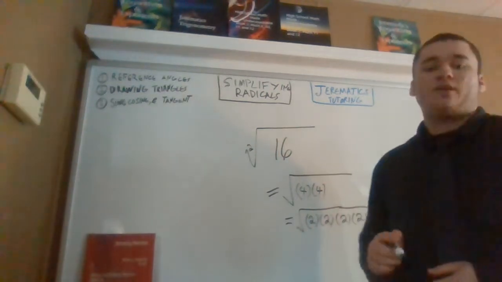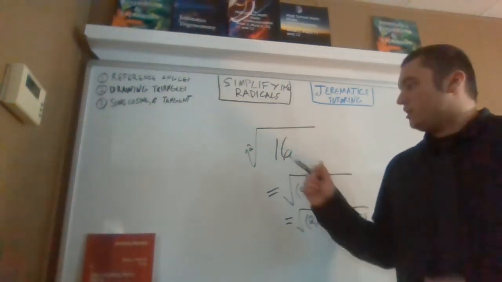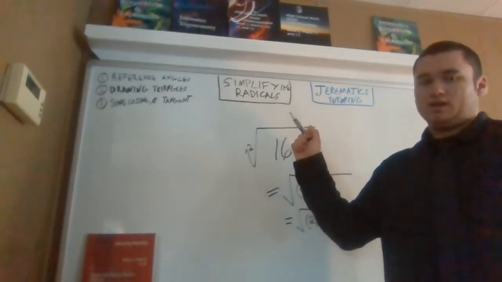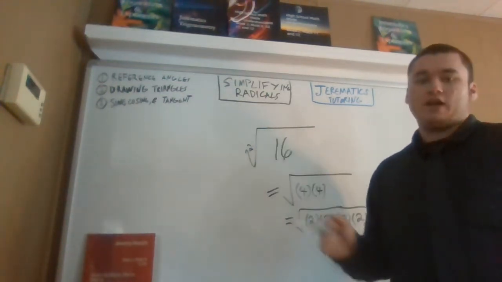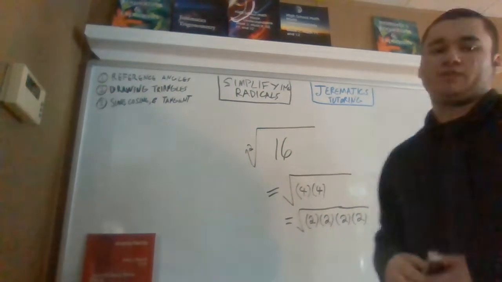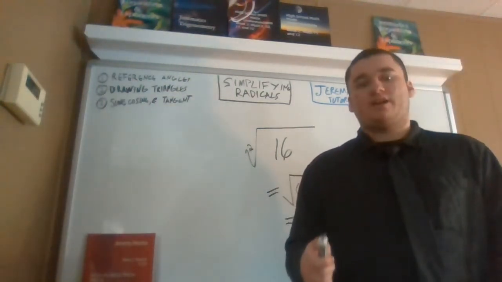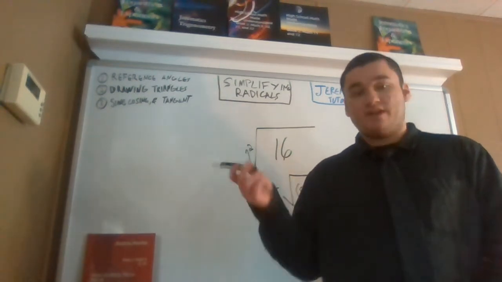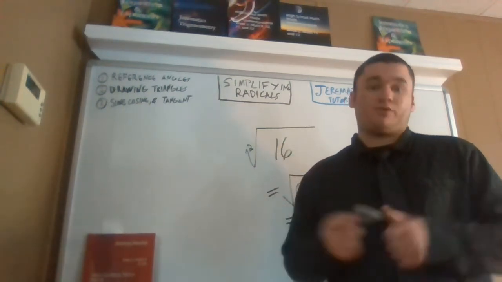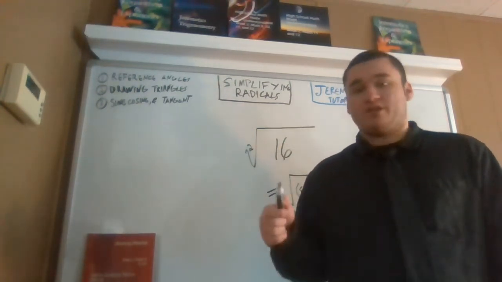And when you're simplifying a radical, what you do is you look for factors that appear n number of times inside your radical. So for example, if your index is 3, cube root, then you're going to look for factors that appear 3 times.